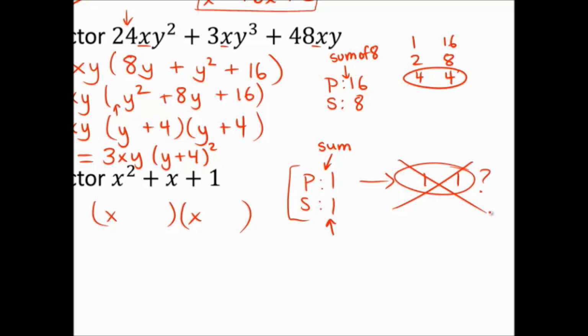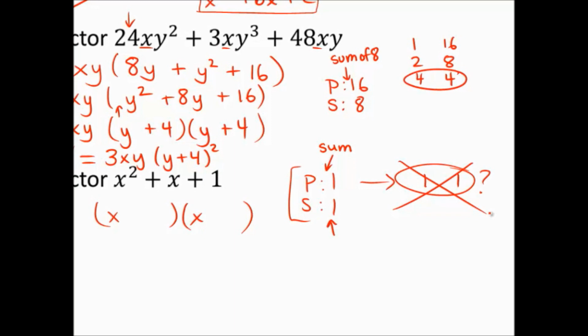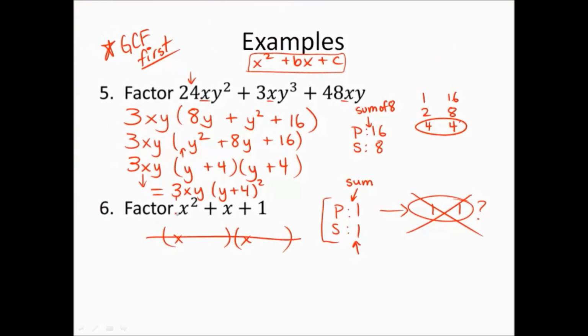So if you have something that doesn't have an option of being factored, that means it's already prime. Remember, prime factors are factors that do not break down further. So you can say prime. And that's it. That means that that is completely factored.